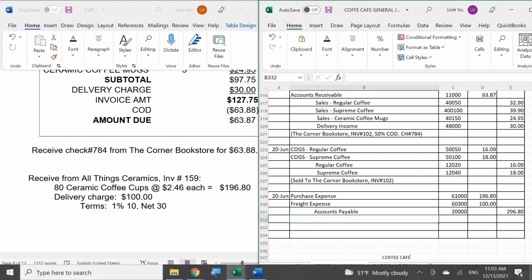So in this case, we received from All Things Ceramic invoice number 159. And do we have terms? 1%, 10, net 30.